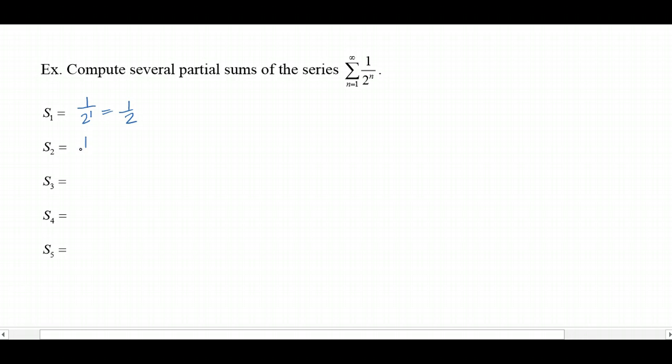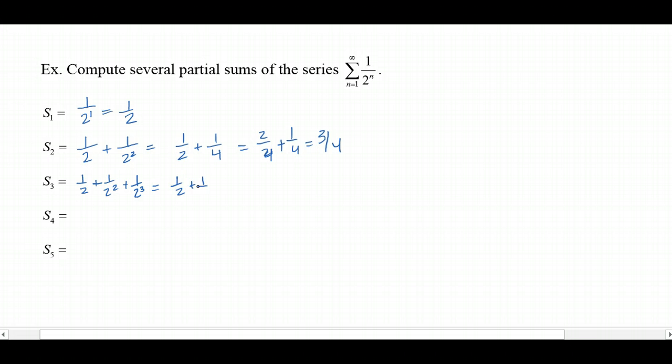So we're going to have 1 over 2 plus 1 over 2 squared. So 1 over 2 plus 1 over 4. So common denominators, that's 2 over 4, plus 1 over 4, is 3 over 4. And then S3 is 1 over 2 plus 1 over 2 squared plus 1 over 2 cubed.